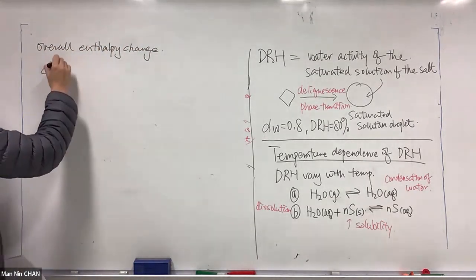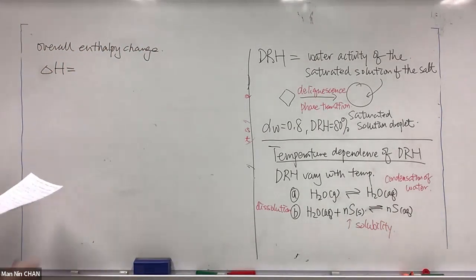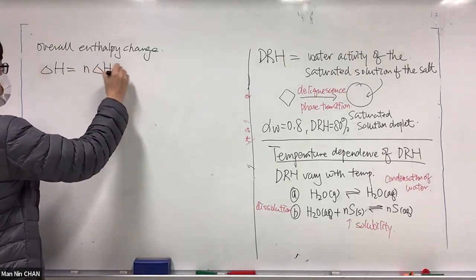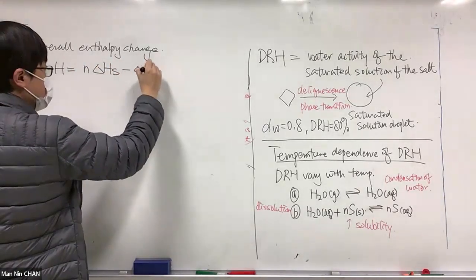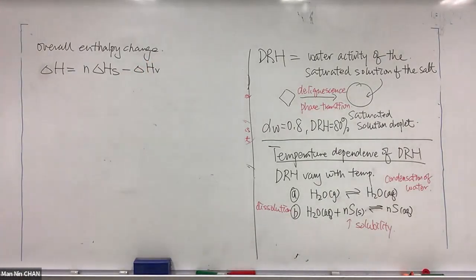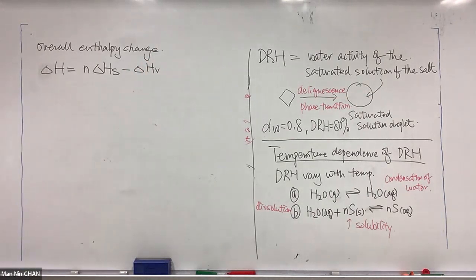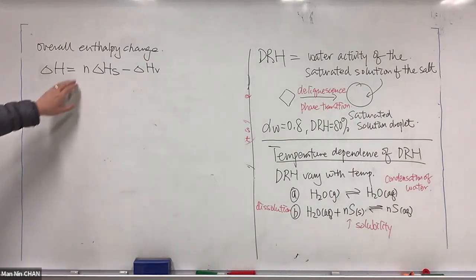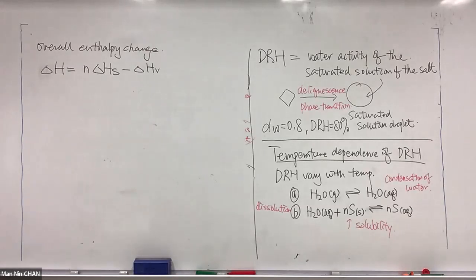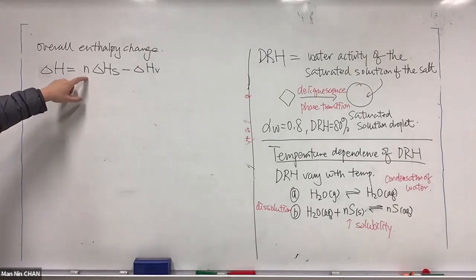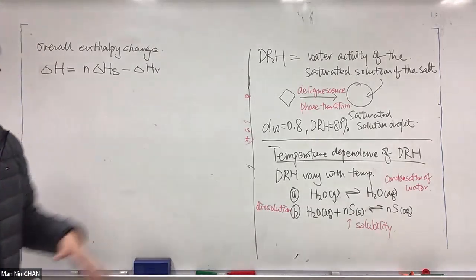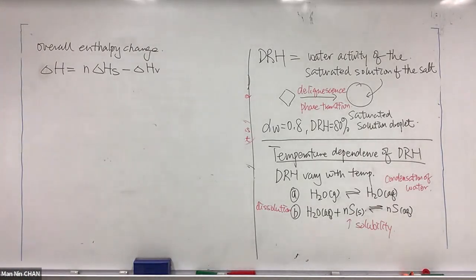So we just have delta H. Basically, you just have this enthalpy change: the enthalpy of the solution, and also this condensation or vaporization, depending on the notation you use. If this is the solution per mole, you just multiply by n, where n is the number of moles of your solute at the saturation point. You just put an n there.